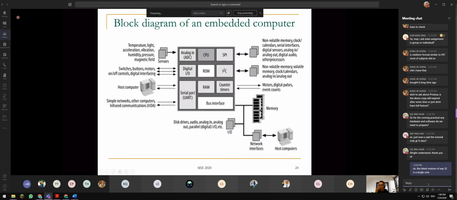But however, if you talk about an embedded computer, it is small, tiny, so most of the things are already integrated into the microcontroller. For example, nowadays in a microcontroller, ADC, SPI, I2C, UART, RAM, counter, everything is already integrated.